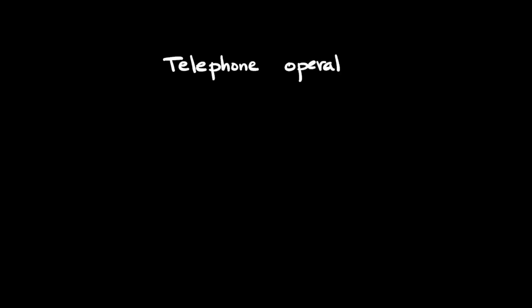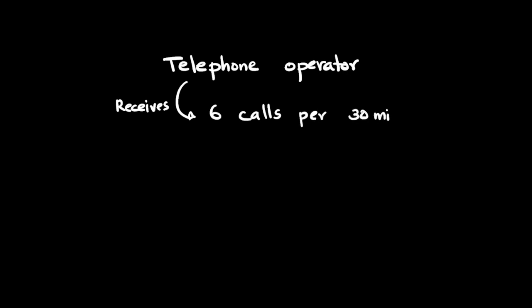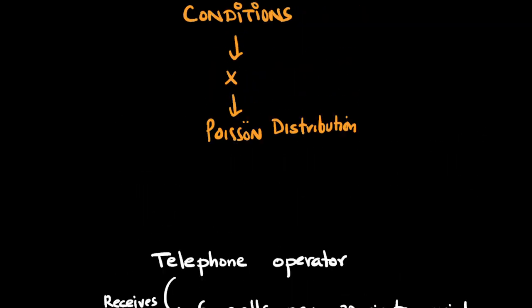The data I had given in the beginning was that the telephone operator receives 6 calls per 30-minute period. Now let's look at each condition one by one.